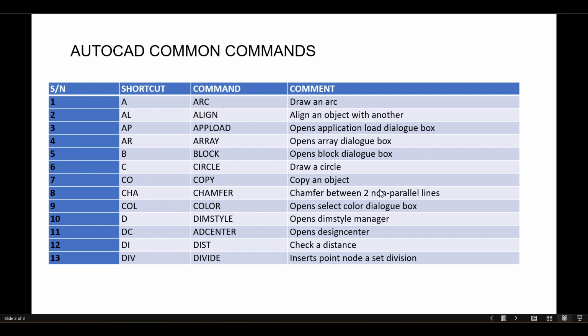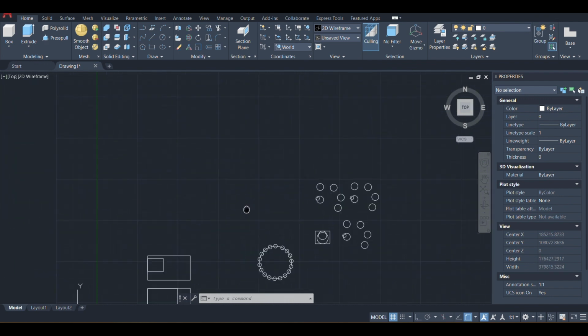Number 8, Chamfer Command. Shortcut is CHA. This command is used to chamfer between two non-parallel lines.